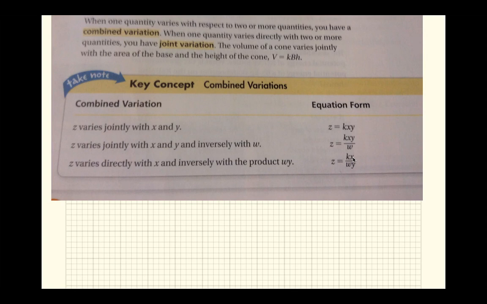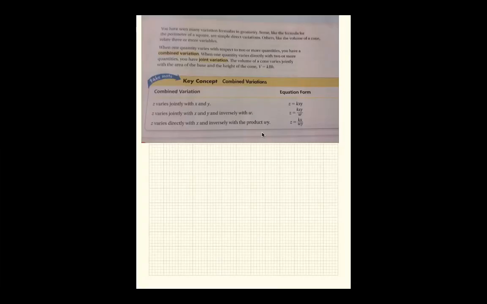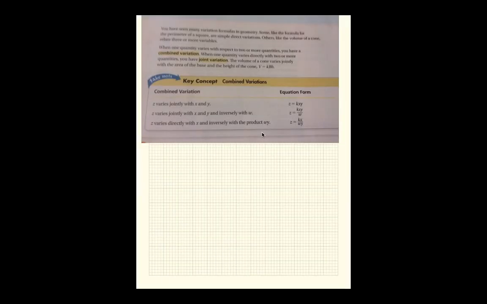So let's go ahead and look at an example question involving this combined variation. It's a word problem.